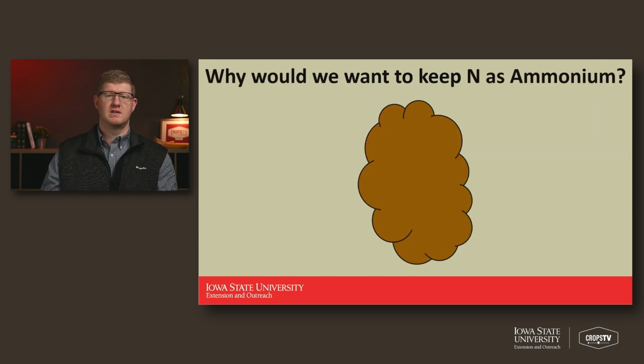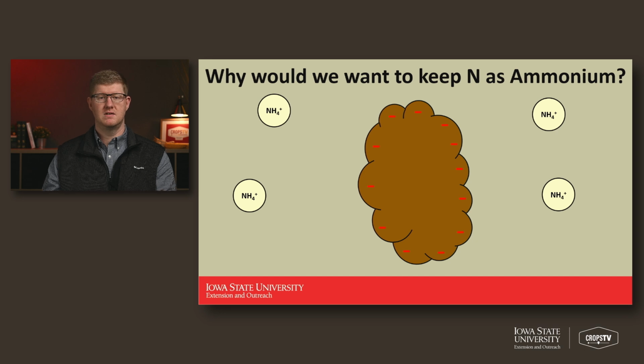So let's rehash why we want to keep the nitrogen as ammonium in our soils. The soil has a charge to it, right? We've all heard of cation exchange capacity or the exchange sites in the soil, and that is related to the charge of the soil. So soil has a negative charge. And so the reason why we want to keep the nitrogen as ammonium is because those ammonium molecules have a positive charge.